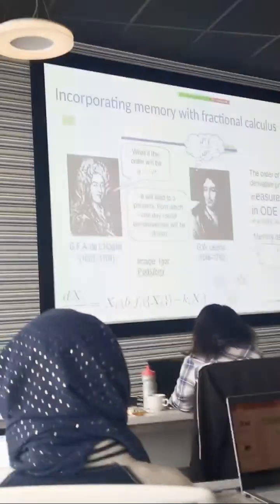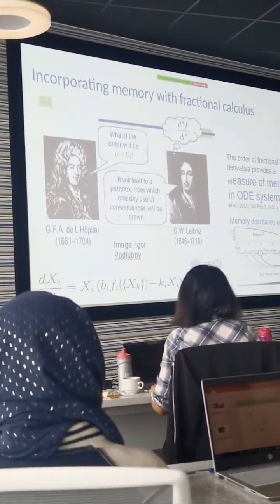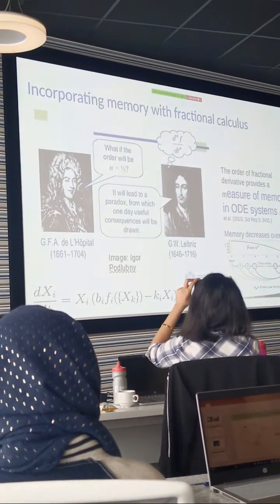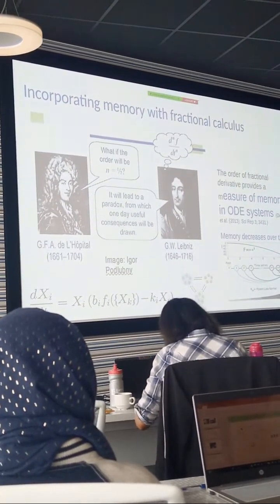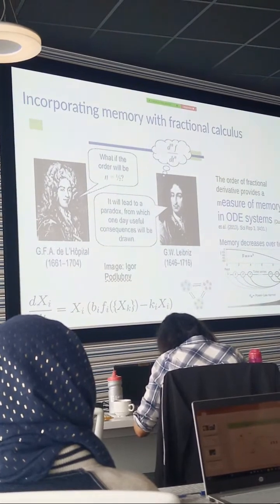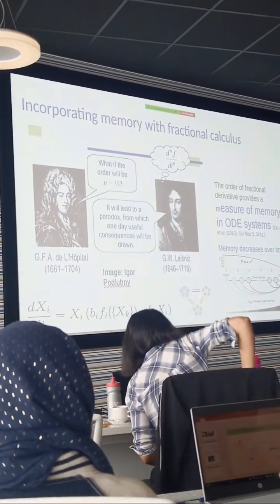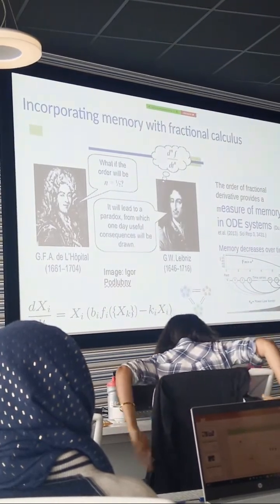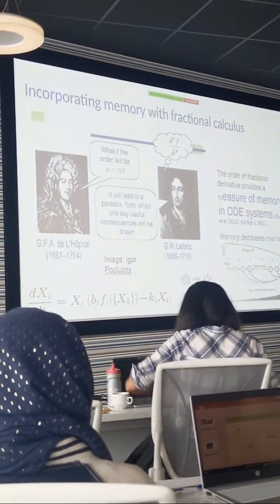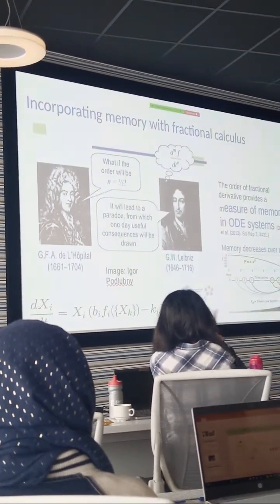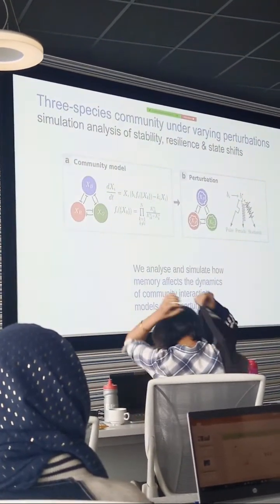Fractional derivatives can be interpreted as adding memory in the system. And then we can formulate these time series models from the different alternate dynamical systems by modifying them so that we include the non-integer derivatives instead of the usual integer derivatives. And then we can have memory in the system.